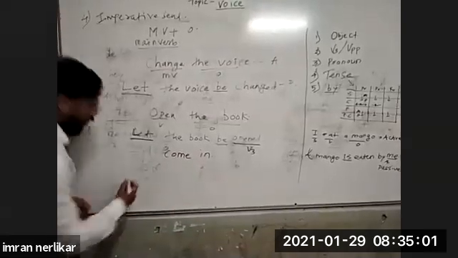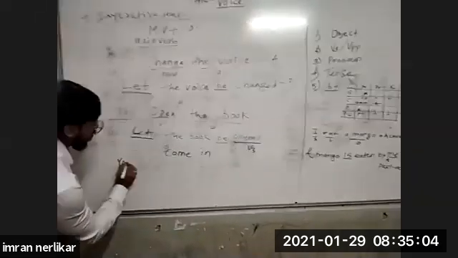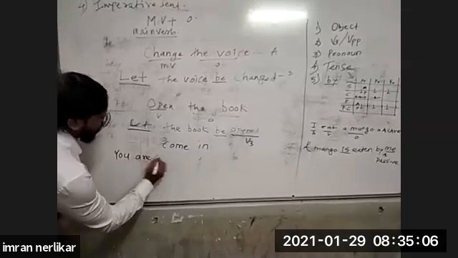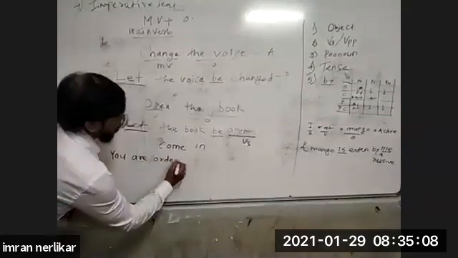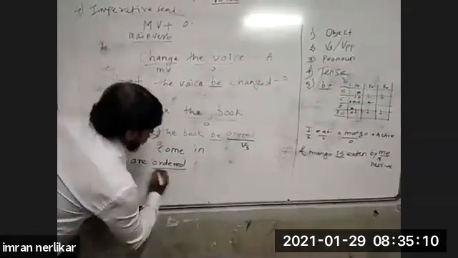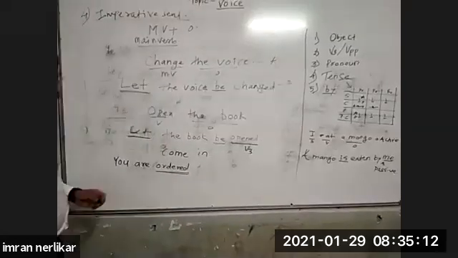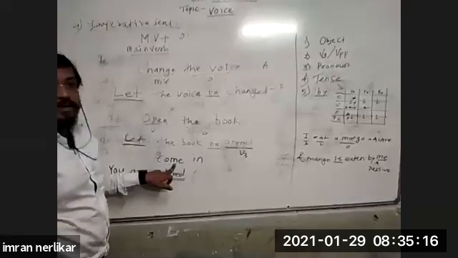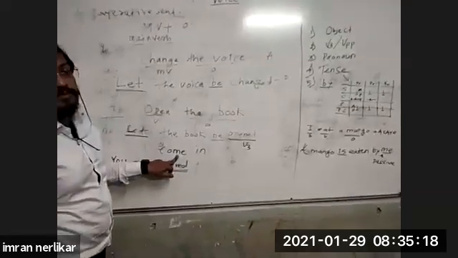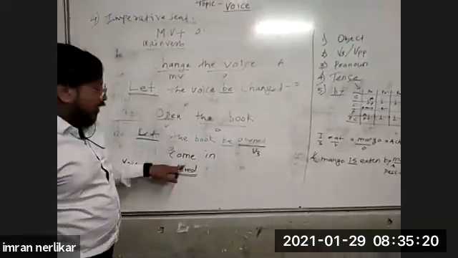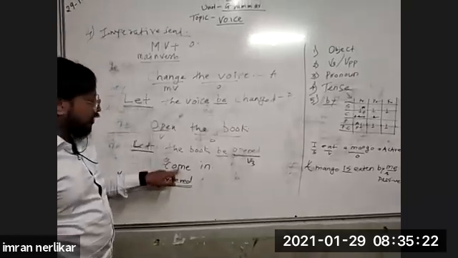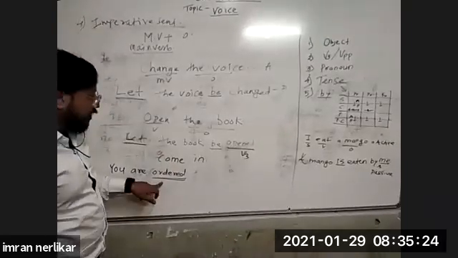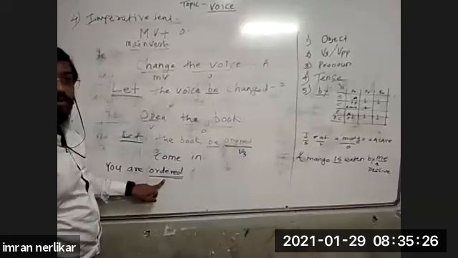you should begin the sentence with "you are ordered." Now this verb you have to take according to the sentence. If there is "please," it is "requested." Then "ordered" or "suggested." In this way you have to take this verb.